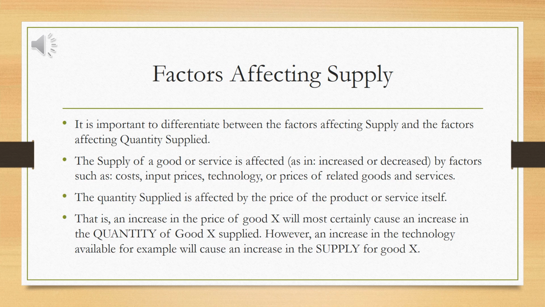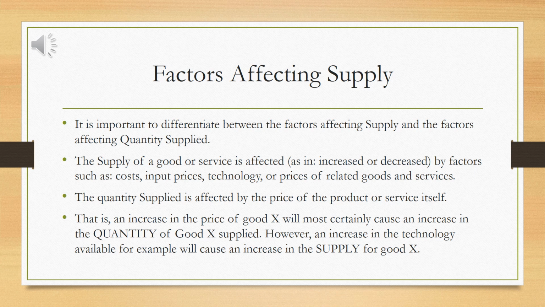It is important to differentiate between the factors affecting supply and the factors affecting quantity supplied. The supply of a good or service is affected by factors such as costs, input prices, technology, or prices of related goods and services. The quantity supplied is affected by the price of the product or service itself.